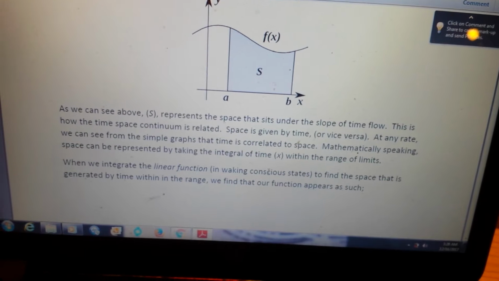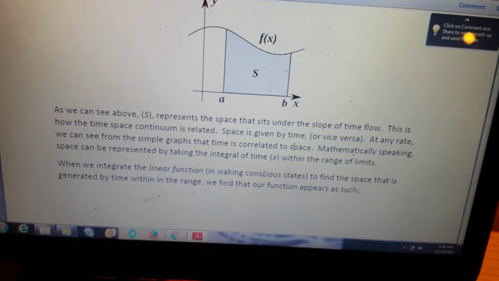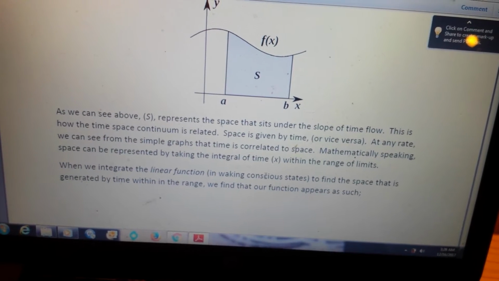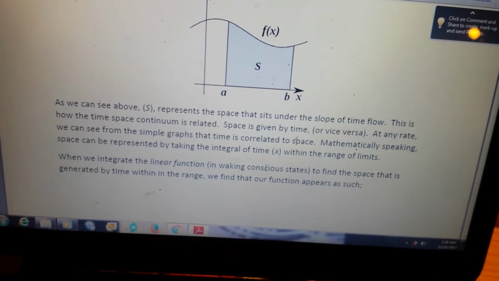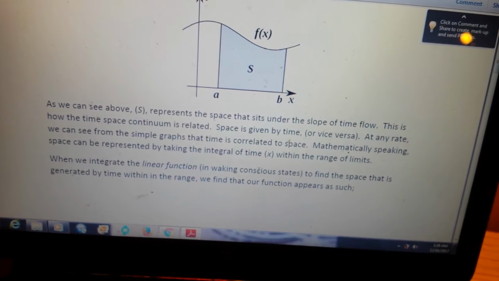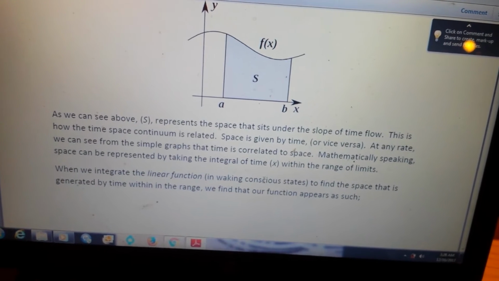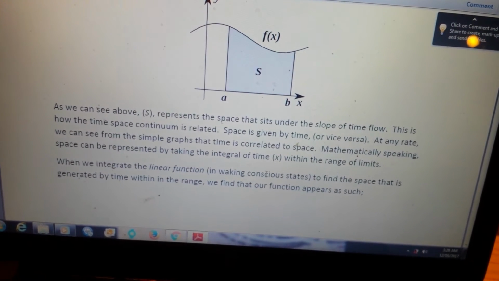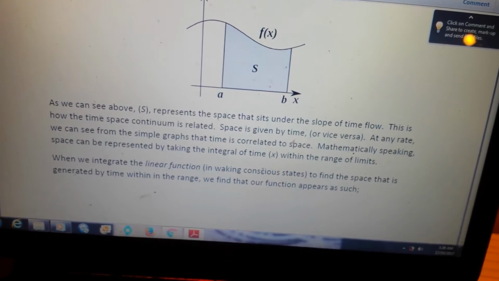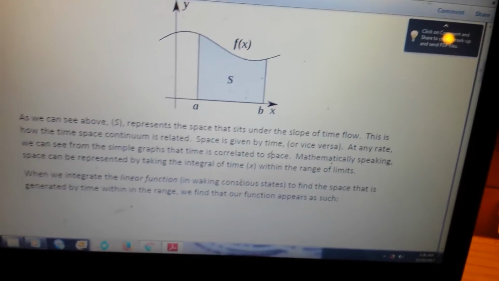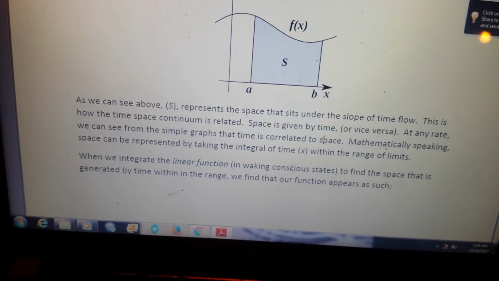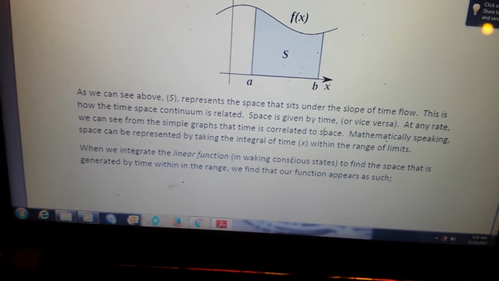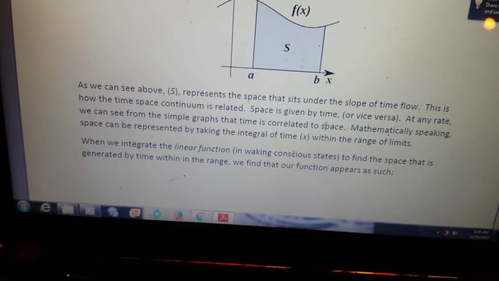At any rate, we can see from the simple graphs that time is correlated to space. Mathematically speaking, space can be represented by taking the integral of time x within the range of limits. When we integrate a linear function, and this is the waking consciousness I'm talking about, how we observe time, to find the space that's generated within the range, we get this function here.